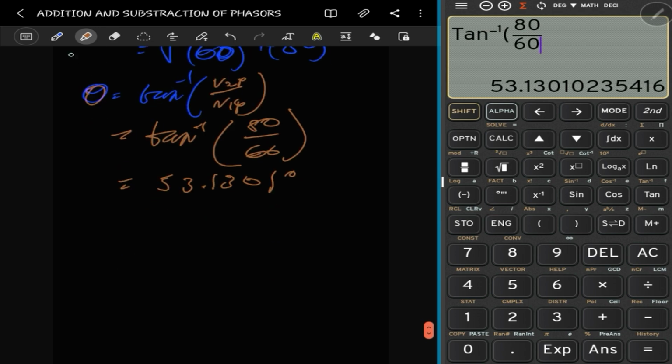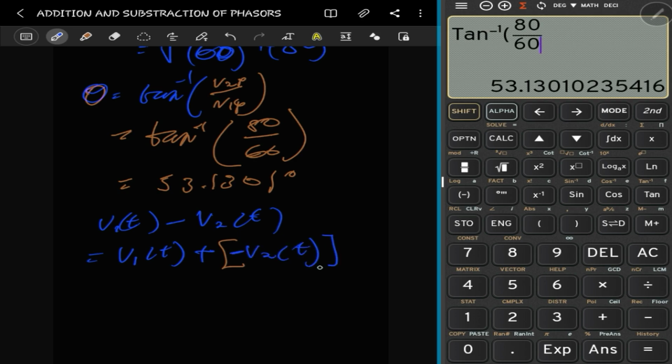So basically we started with this. We said v1 of t minus v2 of t is the same as v1 of t, and we reverse the second one. So we have v1 of t, and then we plug this in brackets, and then v2 negative because we reverse it, of t.